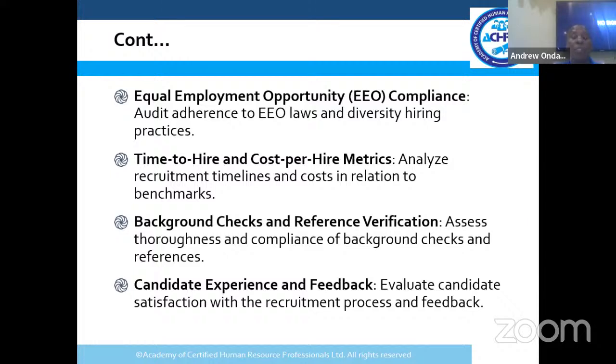The other one is background checks, which I've already mentioned. Don't do background checks too early unless you have intent to hire, or too late when the employee has already been given an appointment letter and it becomes very difficult to terminate. So the background checks should be done in time so that we comply.